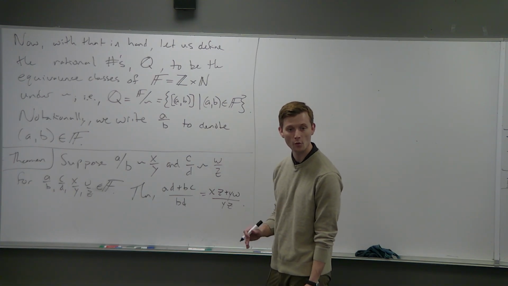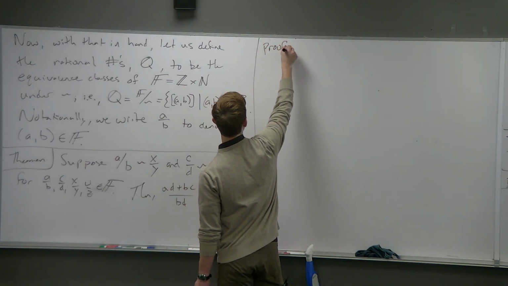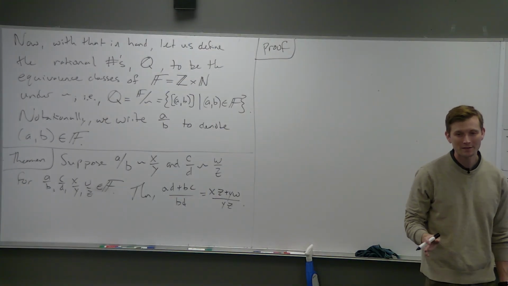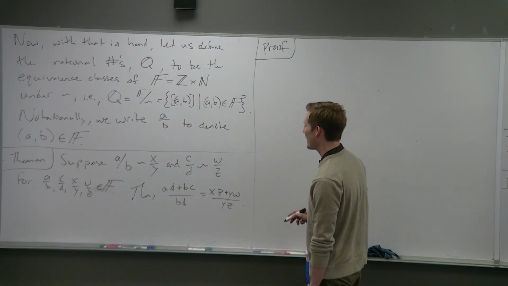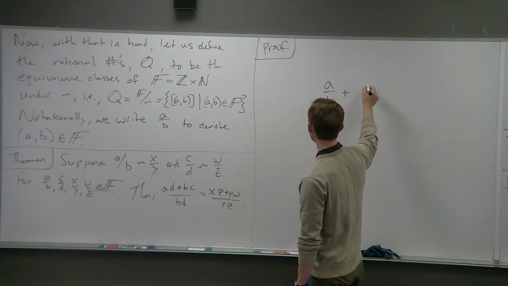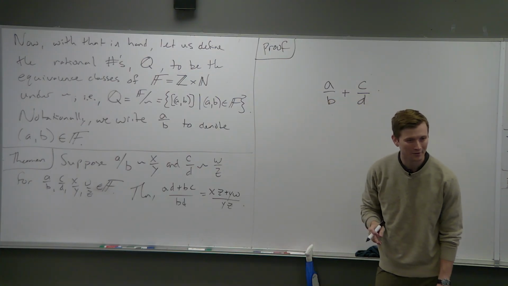Okay, we'll prove this, but why on earth do we want to prove this? I wrote it out first so we can reach it kind of backwards to see that this is what we want. Effectively, the idea is the following. If I take A over B and add it to C over D, what is the standard way of doing this?